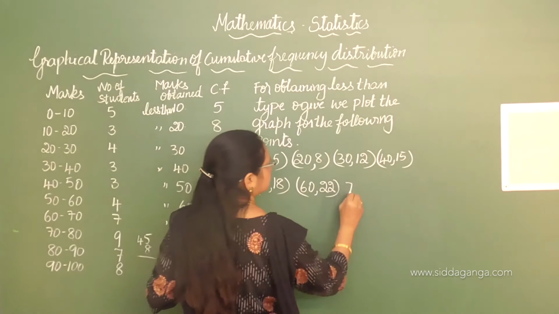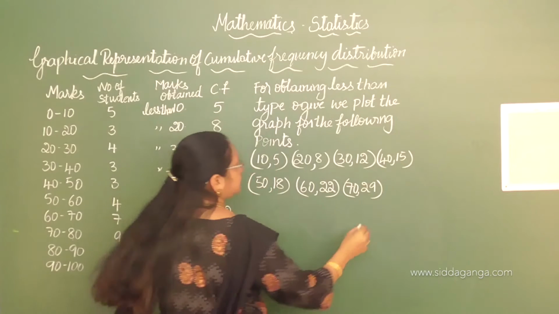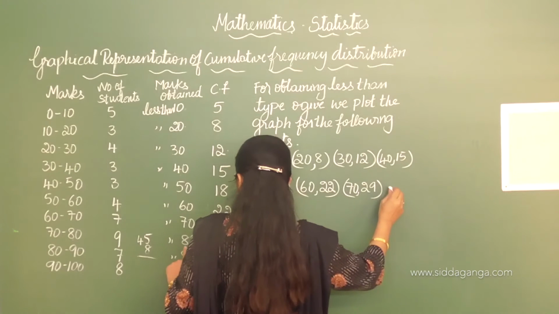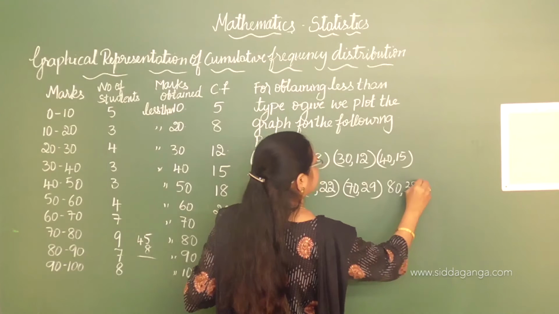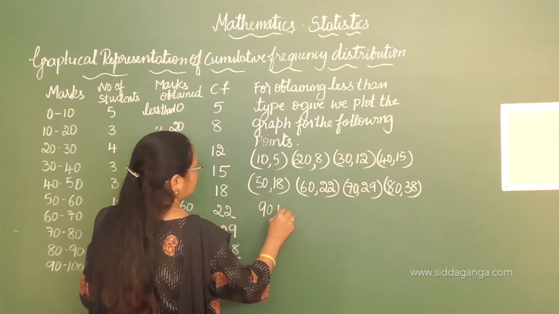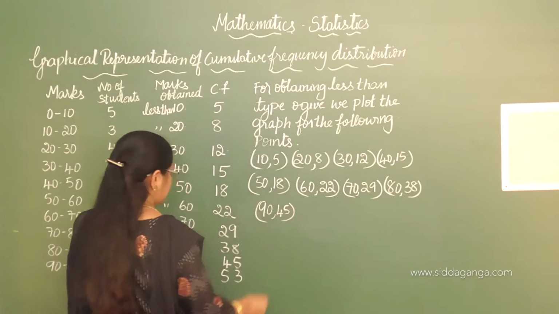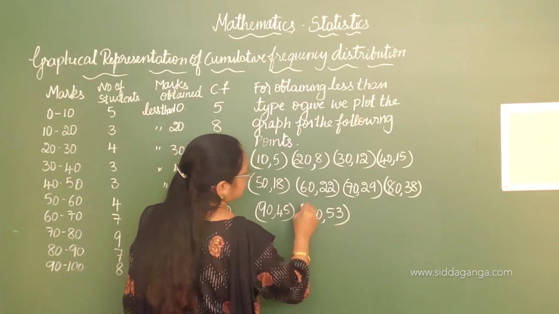So 70 and 29, 80 and 38, 90 and 45, next 100 and 53.